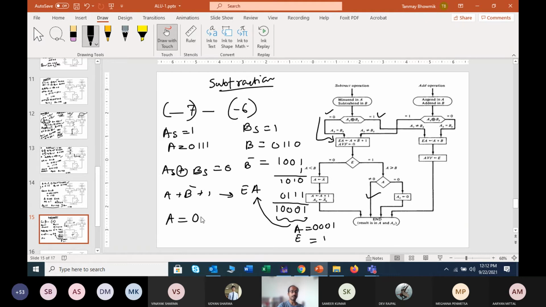Your A is 0 0 0 1 and your AS, what was it initially? It was this 1, that means it is 1 again. Okay, so that is actually the result, -1. You can see -7 minus 6 should throw you the result of -1. So this is your result, and this is the case when you are performing subtraction within two similar signed numbers.